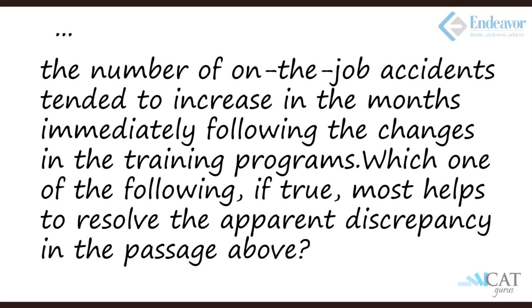Weird. As I told you, while reading a paradox question, when you start off, a recent survey indicated that manufacturers who improved job safety recorded a greater number of accidents. We'll have to find one option which will help us resolve this paradox. The question: which one of the following, if true, most helps to resolve the apparent discrepancy?